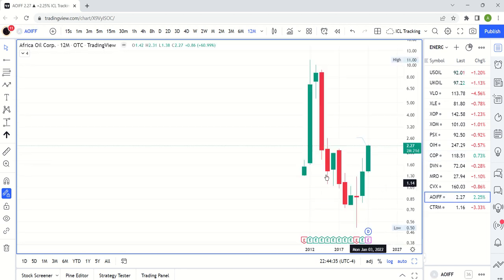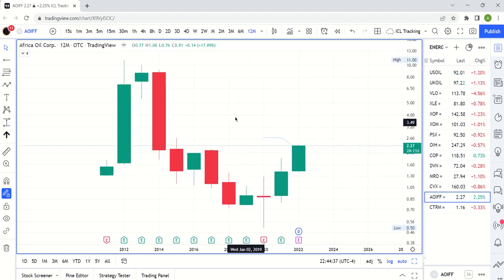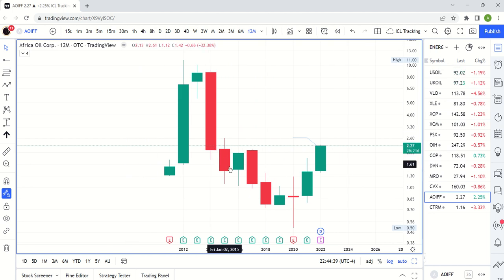And you have African Oil Corp. Oof, this thing has been down only since this big down year in 2014, and then 2020, this really annoying doji year, but still way off the low, with price rejection down there, but also price rejection up here. But then the next year, 2021, boom, higher high.